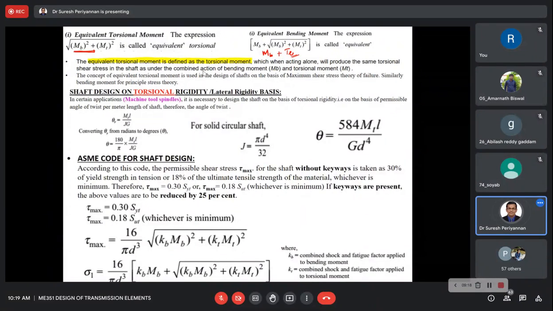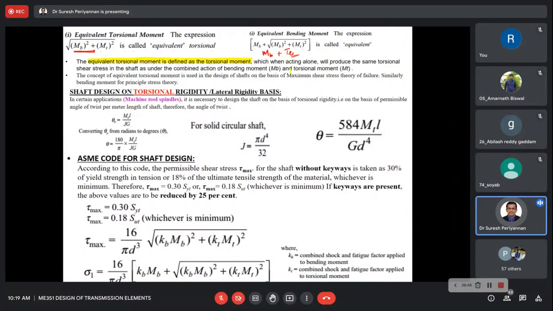The equivalent bending moment is defined as the bending moment which, when acting alone, produces the same bending stress instead of torsion stress, the same bending stress in the shaft under the combined action of bending moment and torsional moment.